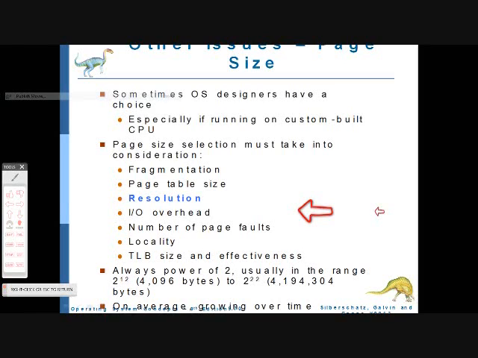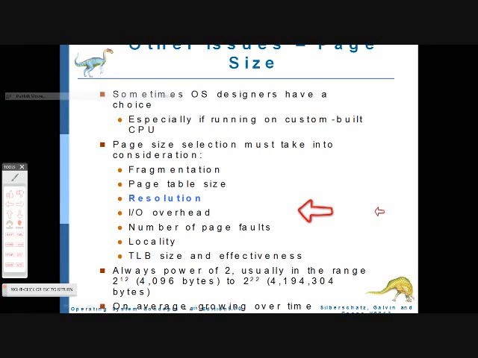If you increase the page size, then the locality will increase because every program structure and data structure are already inside the page that is being transferred, no? Within that page size.